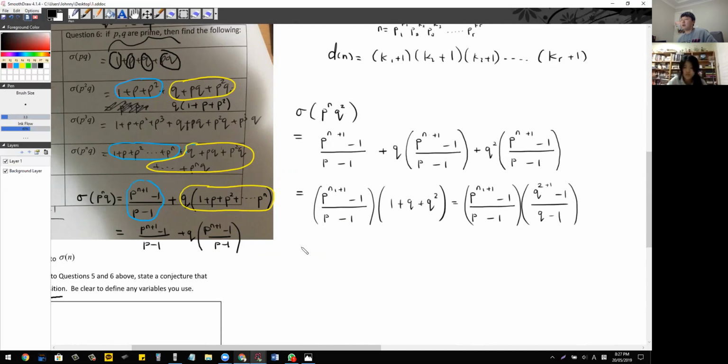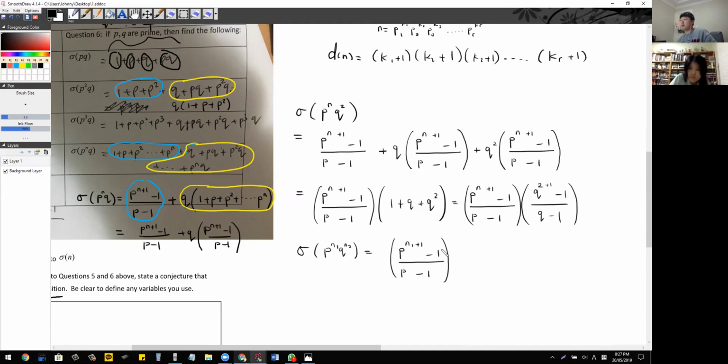So perhaps if I have sigma of P^N1 Q^N2, then the conjecture is this one here. In this case, I'm just going to get rid of the N1, N1.